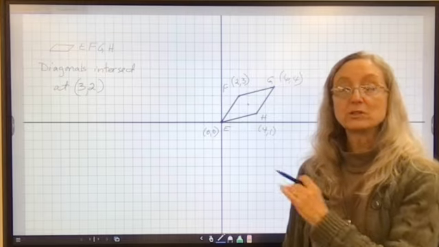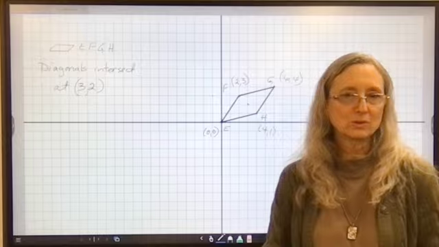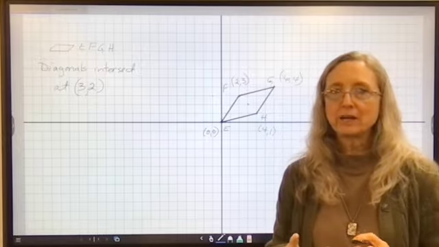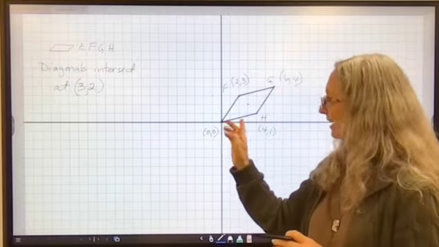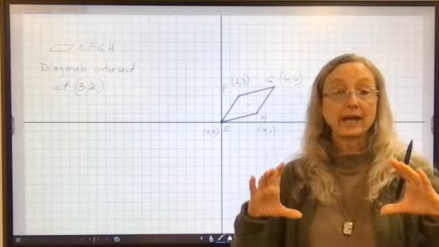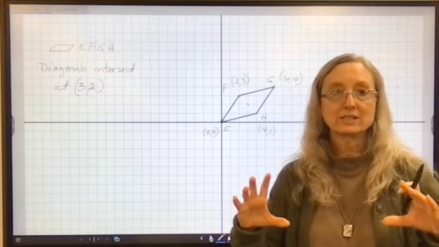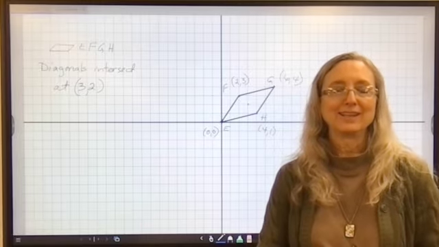This problem was made a little bit easier because we had that one vertex at 0, 0. So what we're going to do now is place different quadrilaterals on a coordinate plane, and I'm going to use that 0, 0 to help me. And we're going to look at coordinates for the vertices without numbers, just with letters.